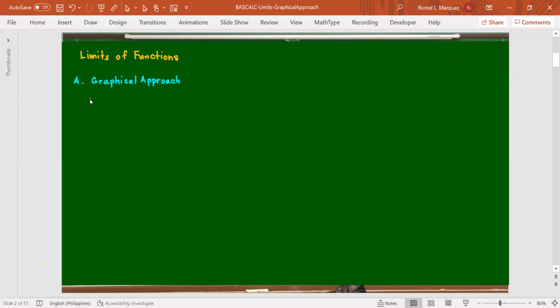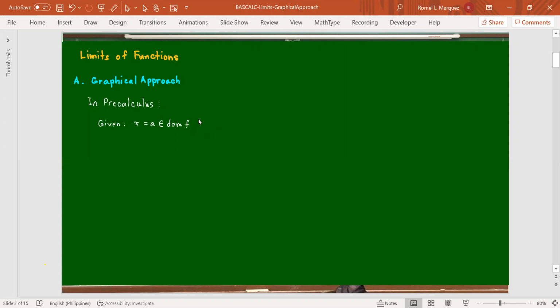In pre-calculus, we're given a value of x, and this is in the domain of f, no?